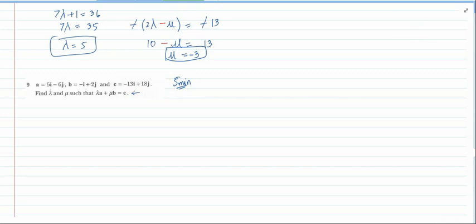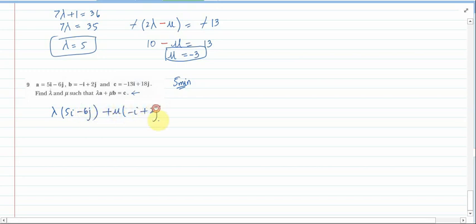Alright class, it's lambda a, so lambda a is what? It's 5i minus 6j plus mu b, minus i plus 2j, is equal to c, it's minus 13i plus 18j. We need to multiply here: 5 lambda i minus 6 lambda j minus mu i plus 2 mu j is equal to minus 13i plus 18j.